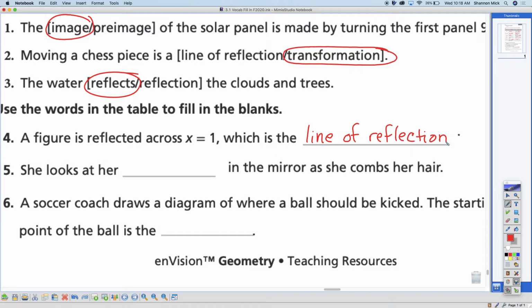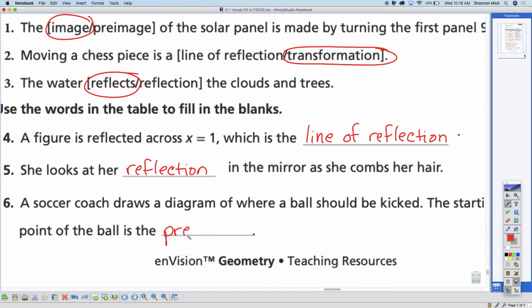Okay, she looks at her blank reflection in the mirror. If you write neatly, all your words fit on there. Okay, a soccer coach draws a diagram of where a ball should be kicked. The starting point of the ball is the pre-image.